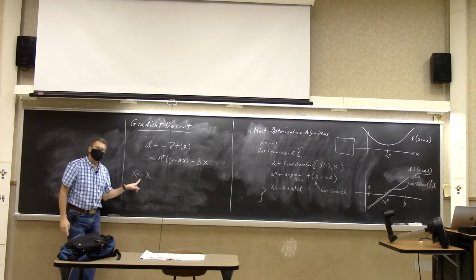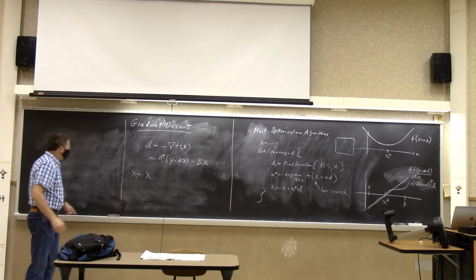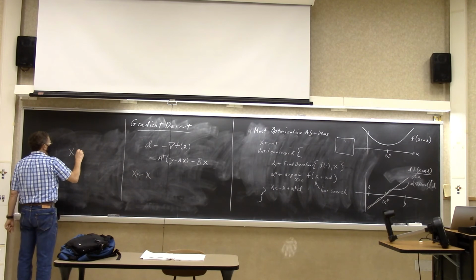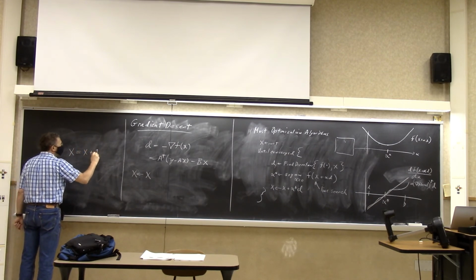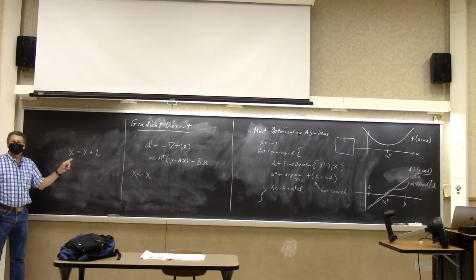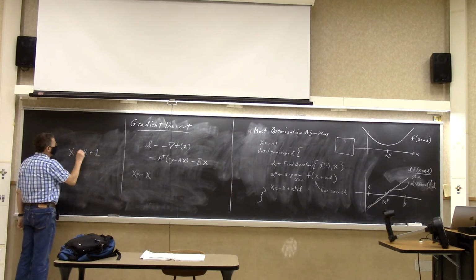When I use an arrow, it means assignment, okay? Because if I write x equals x plus 1, that's a deeply disturbing concept, because there's no x such that x equals x plus 1. So this isn't really equality, it's assignment.